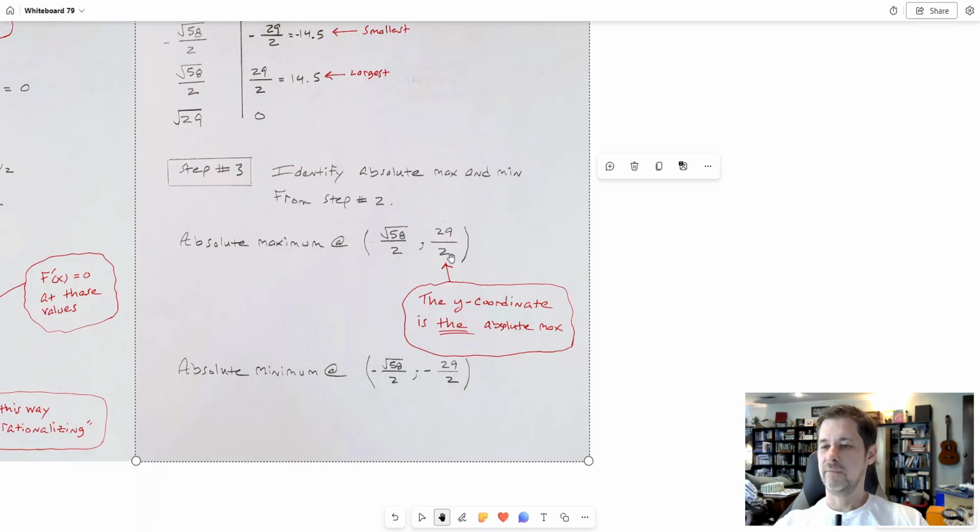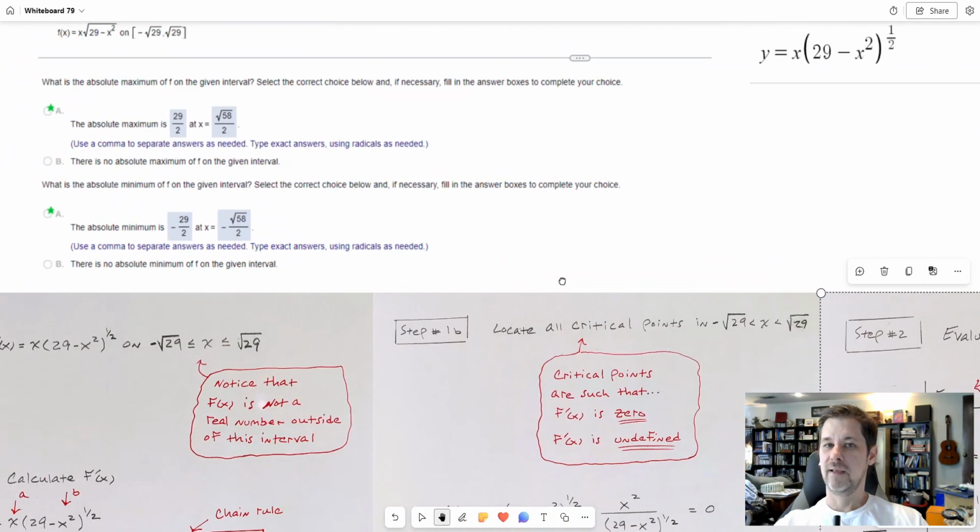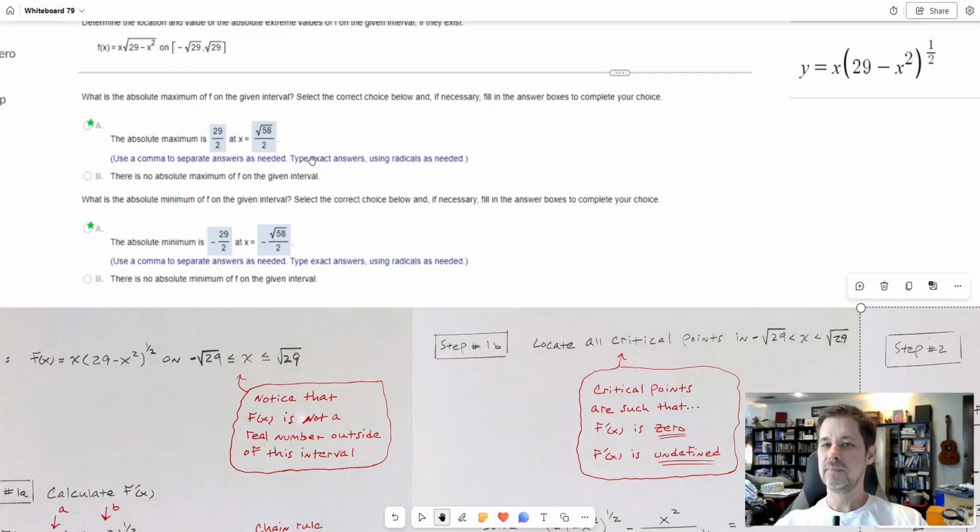But we often just say that the y-coordinate is the maximum, because the y-coordinate is what measures the vertical position of the point anyway. I could state the answer like this, but my MyMathLab has it a little differently. It says the absolute maximum is the y-coordinate located at the x-coordinate. But you see the numbers are the same. It's just a slightly different way of describing the answer.